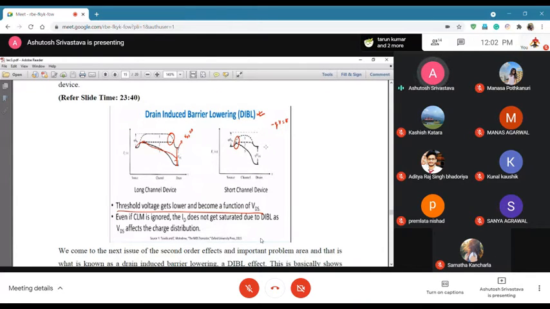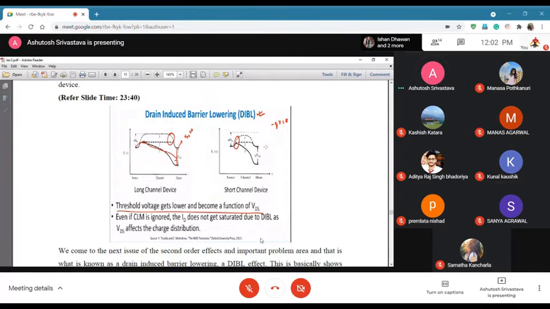Otherwise, if it keeps on fluctuating, then all your circuits, whether combinational or sequential, will create problems and be detrimental for the functioning of the chip. So once manufactured, the threshold voltage should not change.